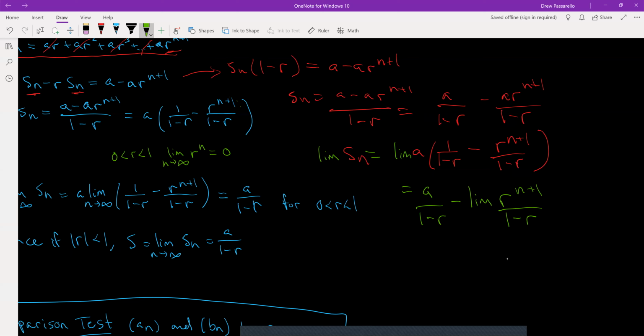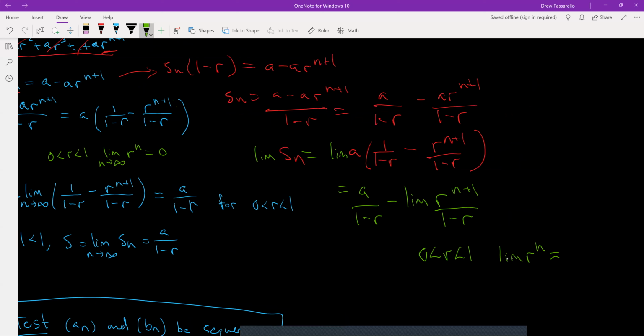And then for r being between 0 and 1, the limit of r^n is equal to 0. So this converges to 0. So the whole thing converges to 0. So that's why you get a over 1 minus r, and that's the limit of the nth partial sum.